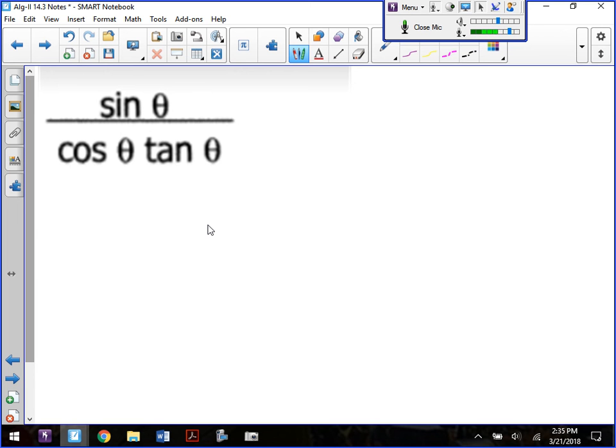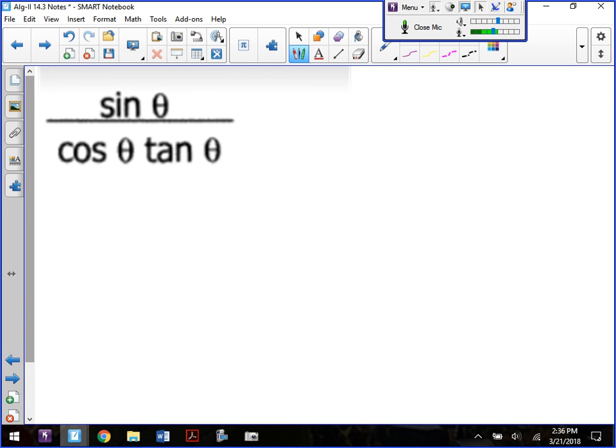What do you think you should try and do here? What do you think? Okay, you're right. Now, guys, notice the numerator has one piece, the denominator has two, and it's together by multiplication.